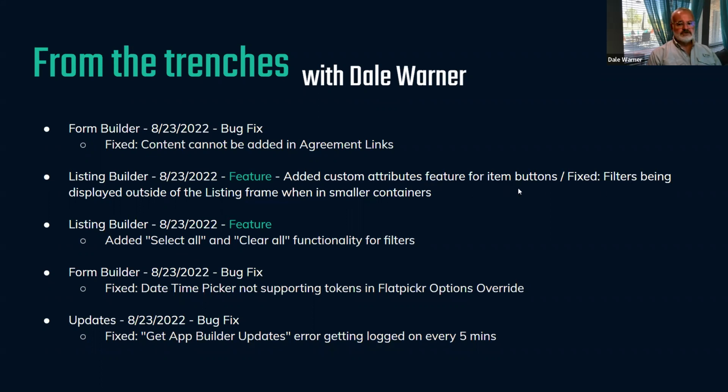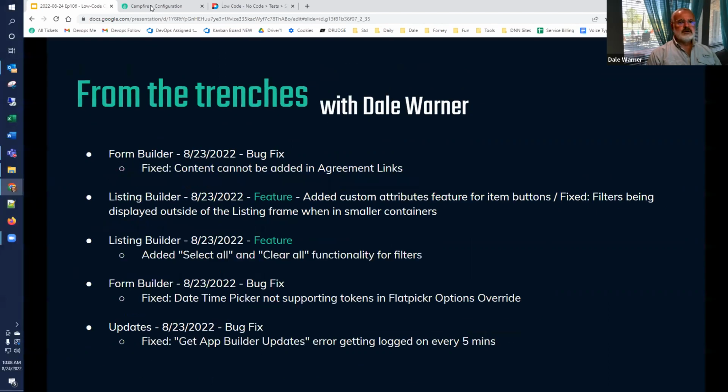There's another feature that's kind of hidden in the middle here. This one release gets both of these things. So there's also fixing when a filter is displayed outside of a frame, improving the user interface for that. So let's talk about these two new things.